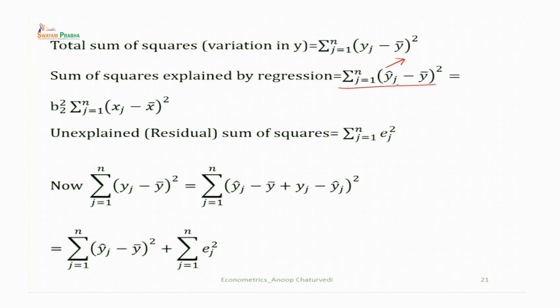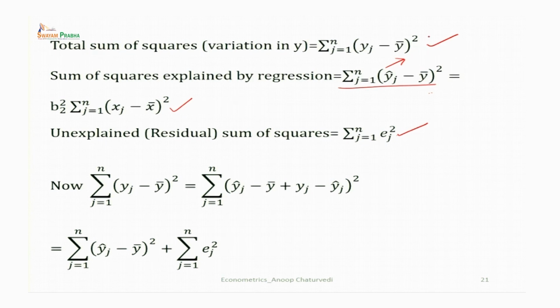We have already shown that this is equal to b 2 square times summation x j minus x bar square. So, you get the explained sum of squares here. Then the unexplained or residual sum of squares is summation E j square. So, this is the residual sum of squares.